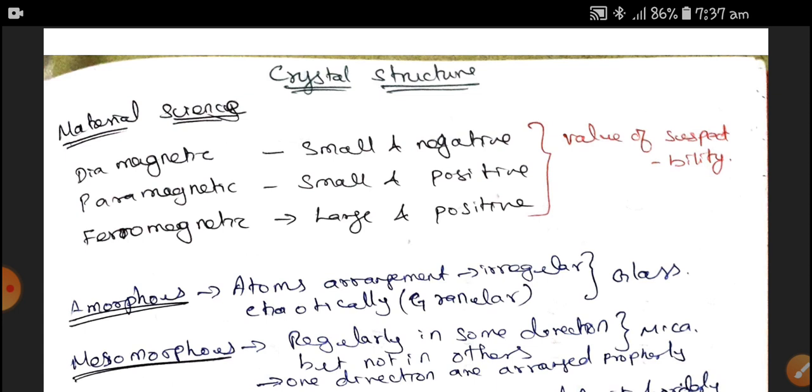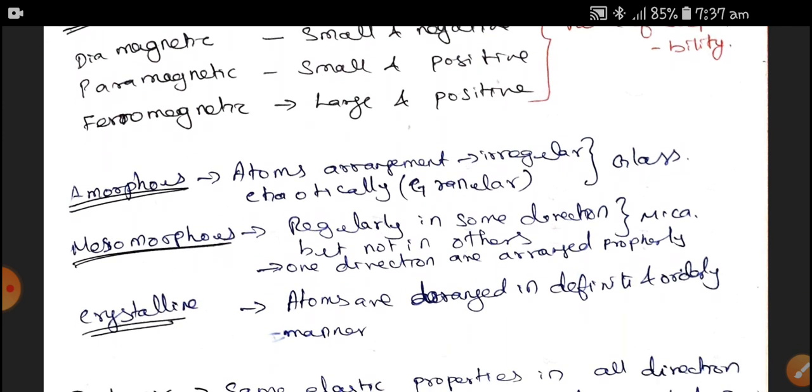Here, if we start material science, we have to notice the amorphous, mesomorphous, and crystalline structures. In amorphous materials, the atoms are arranged stochastically, granular atoms, that is, the formation is in an irregular form.